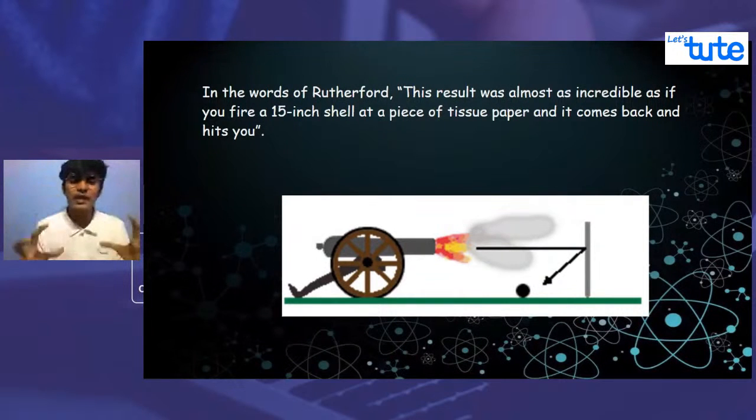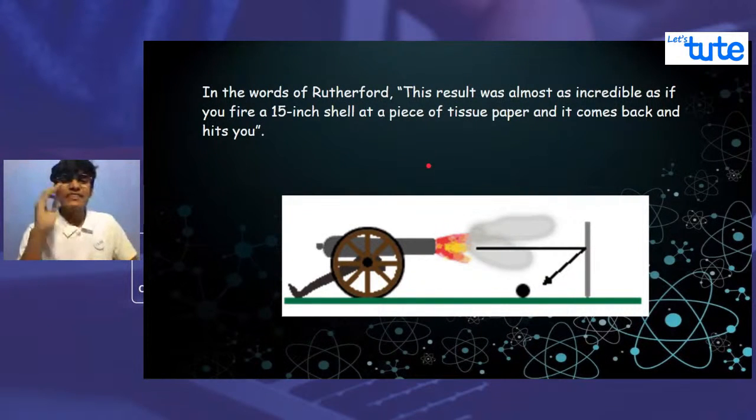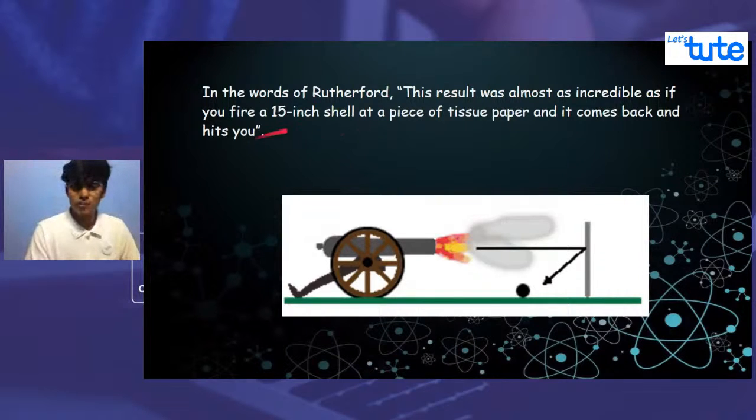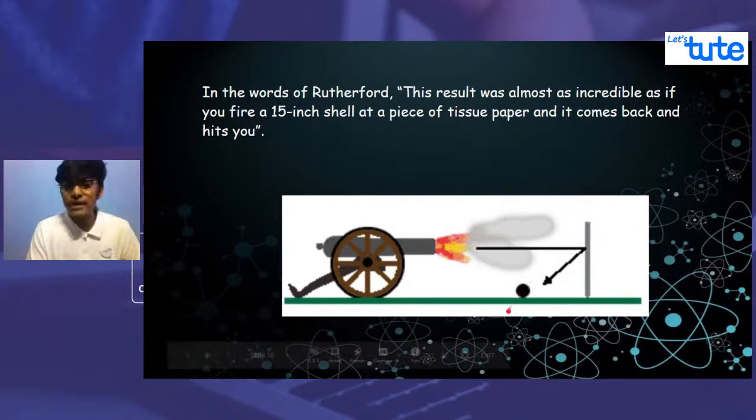The whole experiment was so incredible that Rutherford stated, the words of Rutherford were, this result was almost as incredible as if you fire a 15-inch shell at a piece of tissue paper and it comes back and hits you. That simply means this is a tissue paper, and this is a 15-inch shell, and we are firing the shell, and it hits the tissue paper and rebounds back.